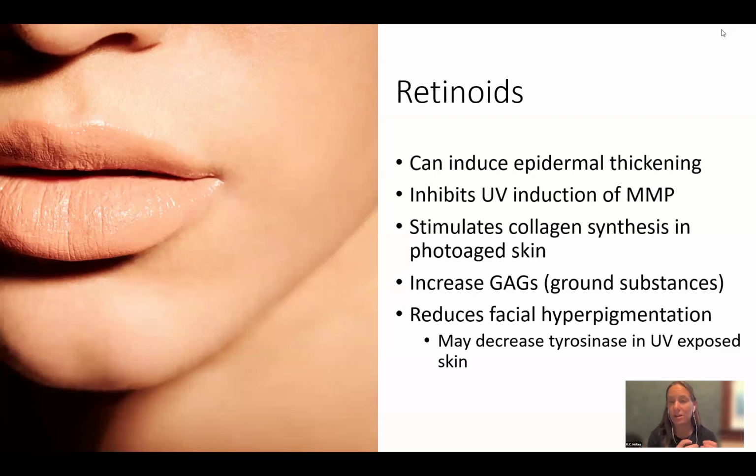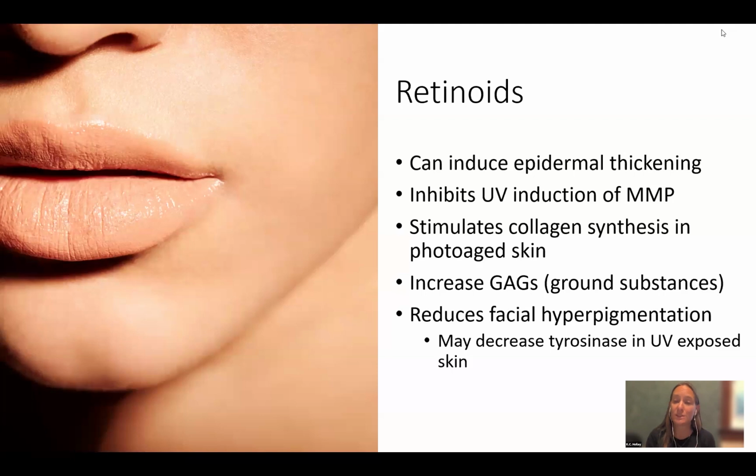So your collagen and your elastin, right? And you want some of that, right? Because collagen and elastin does wear down, but you don't want your MMPs to be outpacing your ability to synthesize these. And that's what happens when we start to get a little bit older, which again is another benefit of retinoids. Retinoids can actually stimulate that collagen synthesis in photo-aged skin.